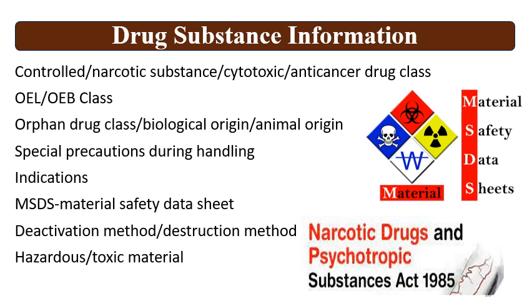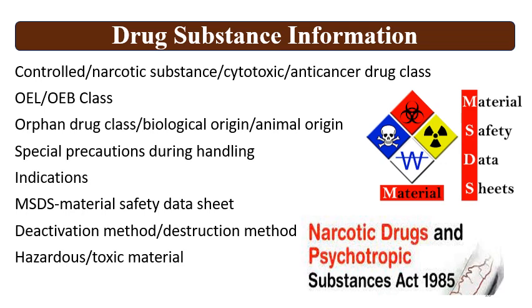So all these things are very critical when we are working on the formulation. Then indications. What are the indications of these drug substances? Then MSDS, material safety data sheet. This material safety data sheet gives a clear understanding about the drug substance and what safety measures are required and what the toxicities are.